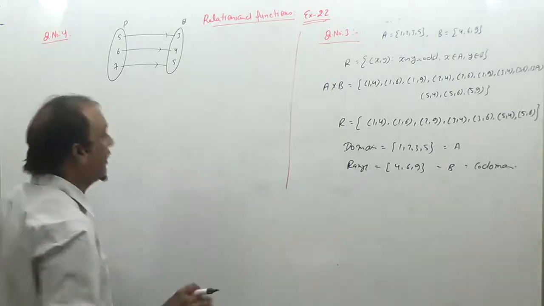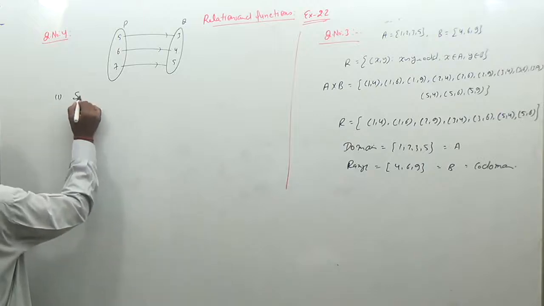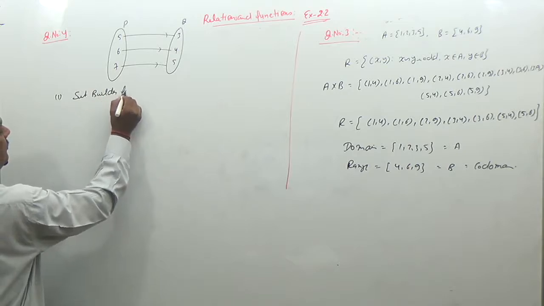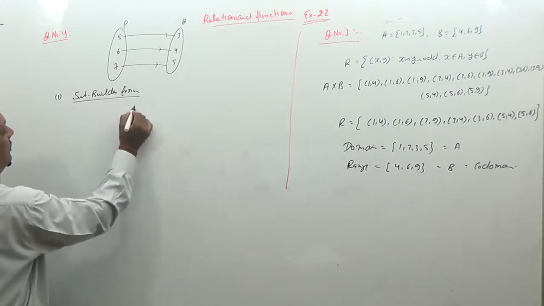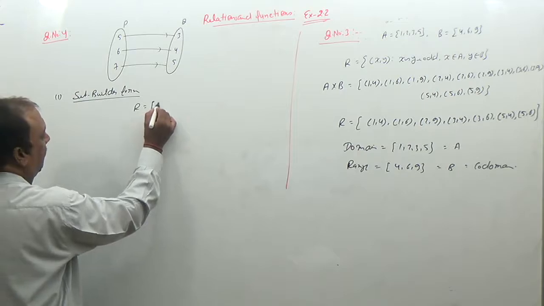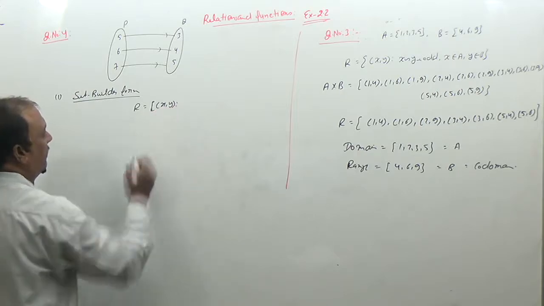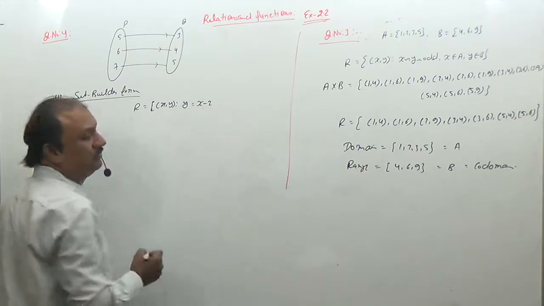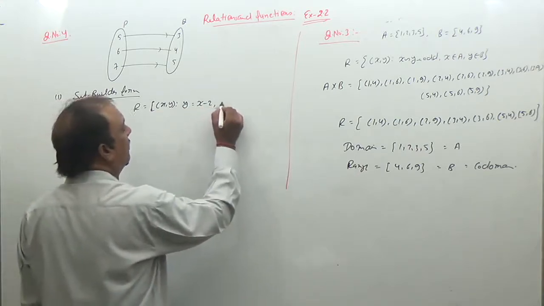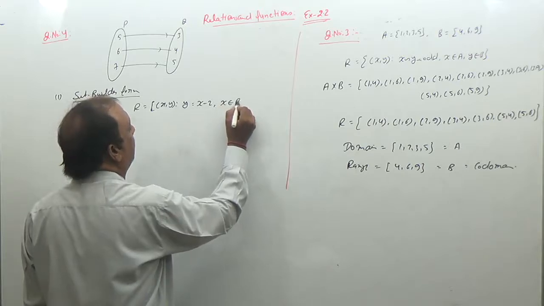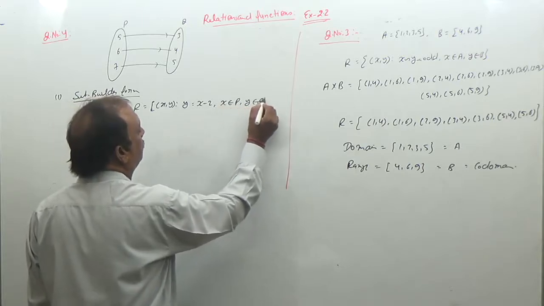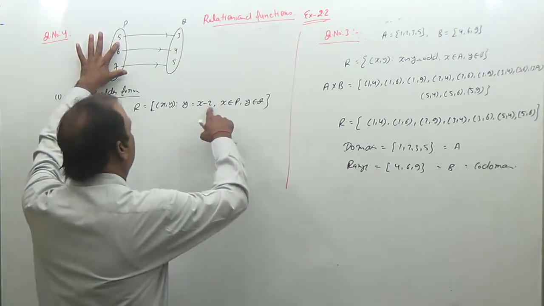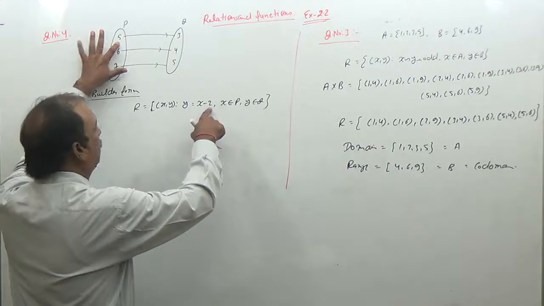So first write it in set builder form. R is a set which contains the ordered pairs (x, y) such that y is equal to x minus 2, where x belongs to P and y belongs to Q. Because when we take x equal to 5, y is equal to 5 minus 2, which is 3.